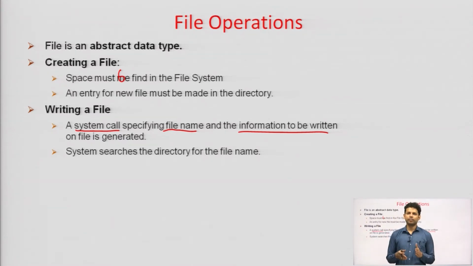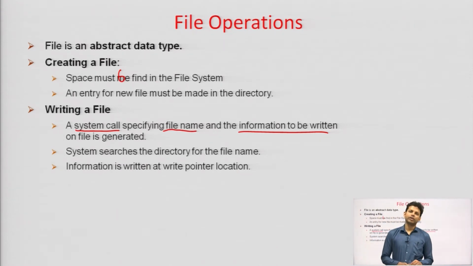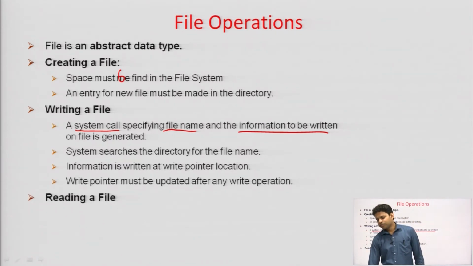If you want to write on a particular file, the system must search that file name inside the file directory. Okay, information is written at the write pointer location. So there is a pointer which locates where the file is kept, so for the file you want to write, there must be a write pointer locating that file.